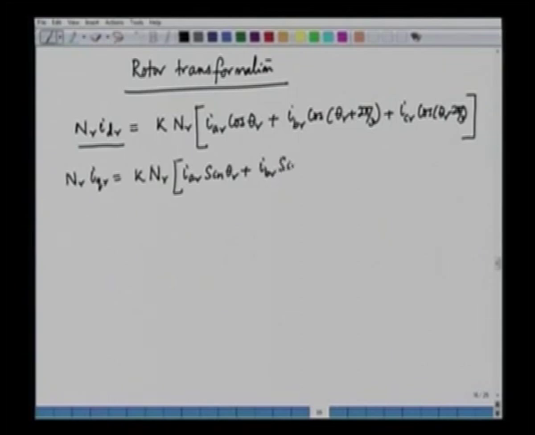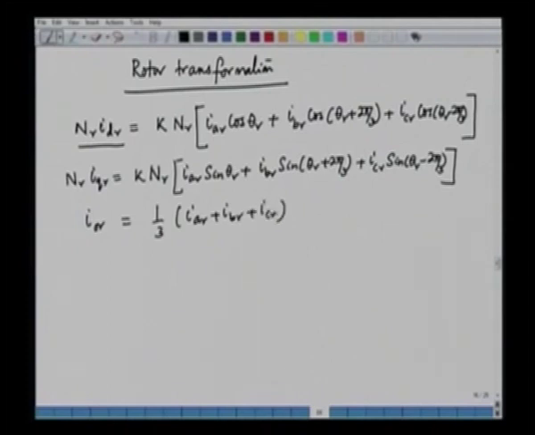Plus IBR sin of theta r plus 2π/3, plus ICR sin of theta r minus 2π/3. And further we have the zero sequence component. We can straightforwardly write IOR equal to 1/3 of IAR plus IBR plus ICR.